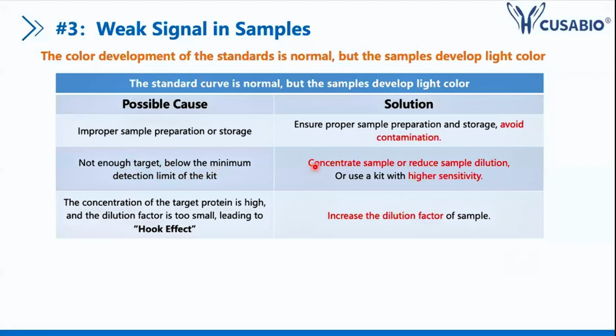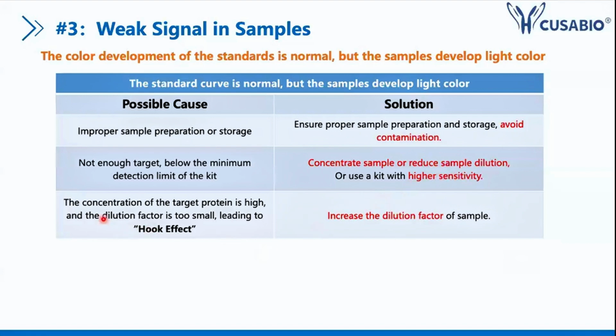If that is the case, you can either concentrate the sample or reduce the sample dilution if you performed one. But I think a better solution is to contact the supplier to ask whether they have a kit with higher sensitivity for your samples. Replace your current kit, get a more sensitive one, and then repeat the experiment.